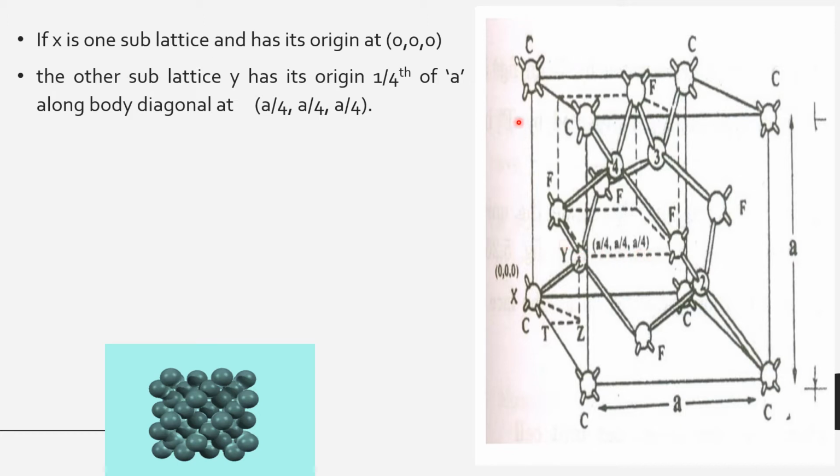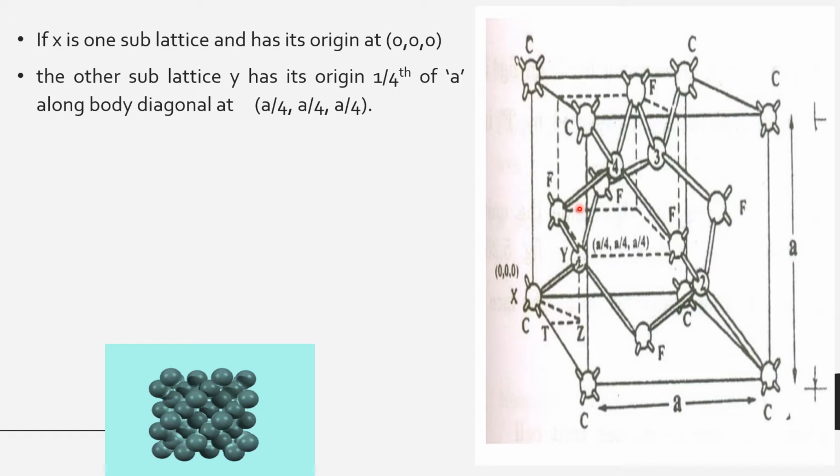You can see that these are the corner atoms, which are denoted by C. The face-centered atoms are denoted by F. This is a face-centered atom, this is a face-centered atom, this is a face-centered atom, and this is also a face-centered atom.